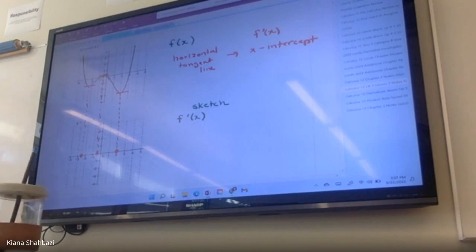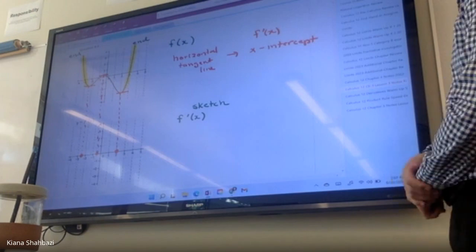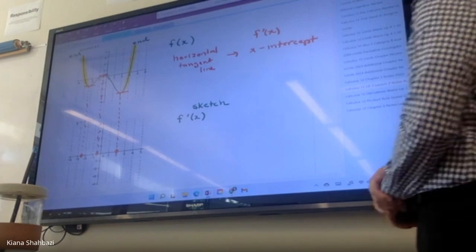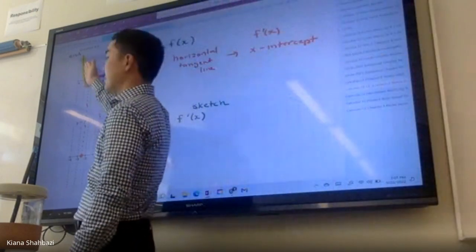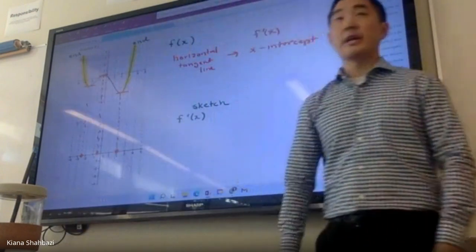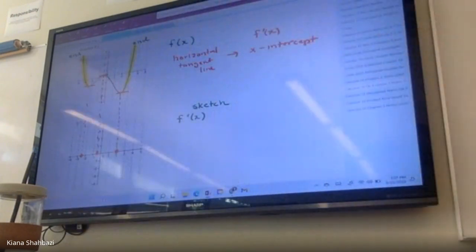Okay. What I like to do next is this, and this is where it gets a bit weird. I like the ends next. When I want to graph the derivative, I want to look at the ends. What do you notice about the end on this particular graph? What's the slope on that end? Right, so can I say this is a negative slope?